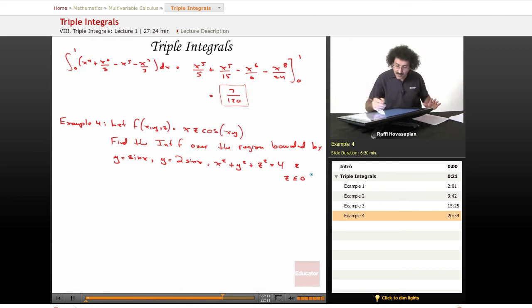Okay, so these are our boundaries. y equals sine x, y equals 2 sine x, x squared plus y squared plus z squared equals 4, and z less than or equal to 0.